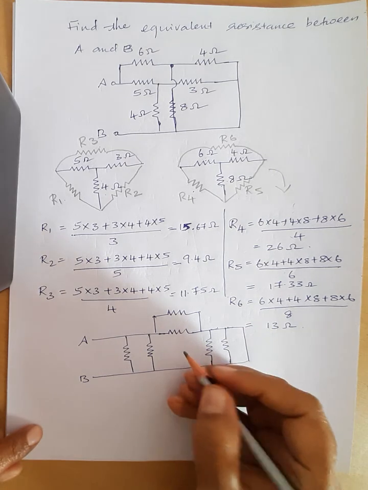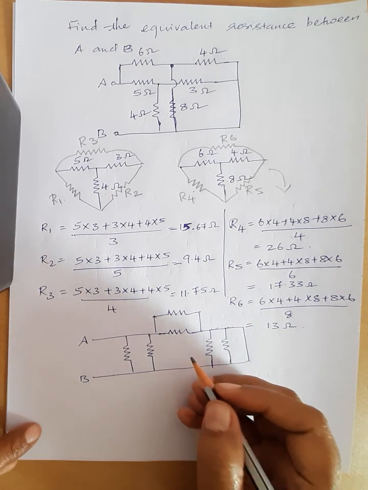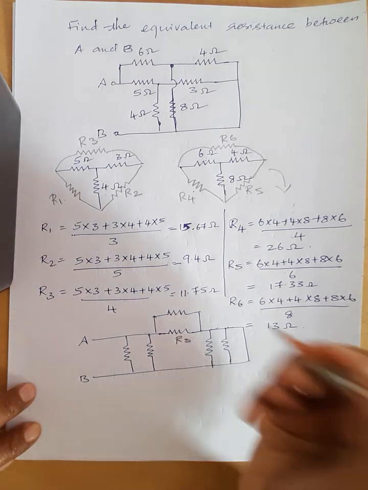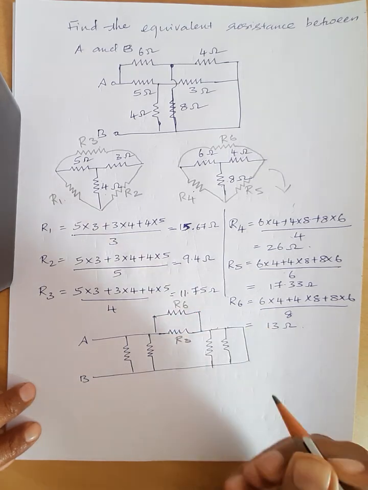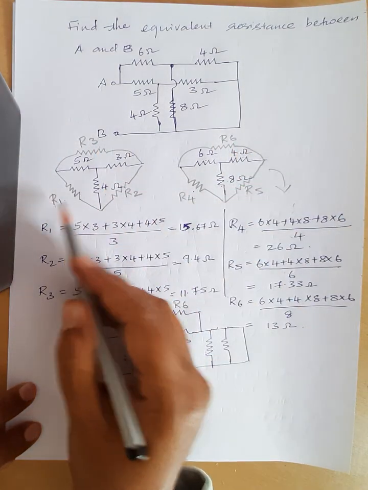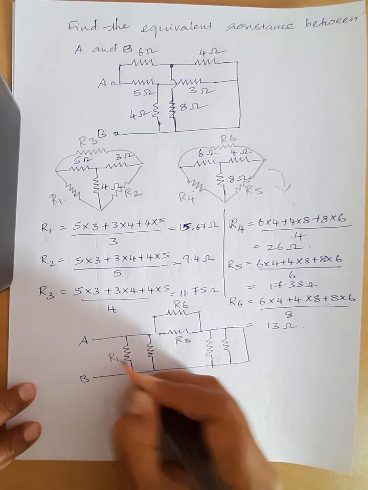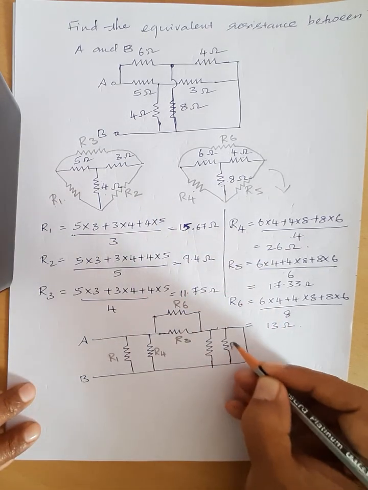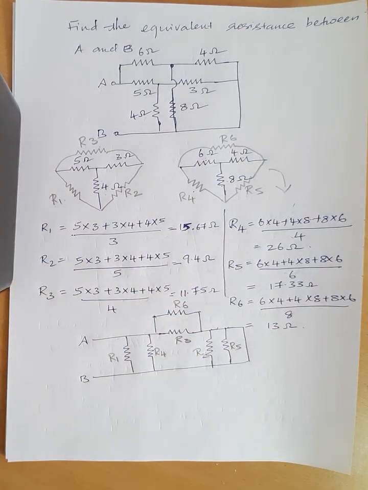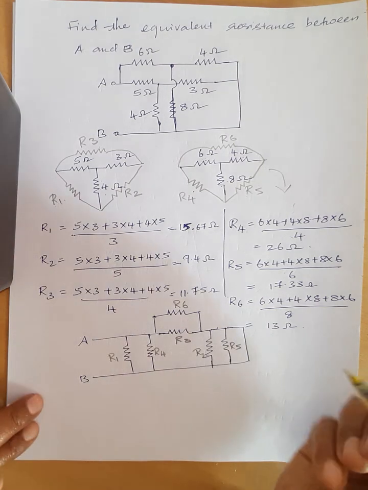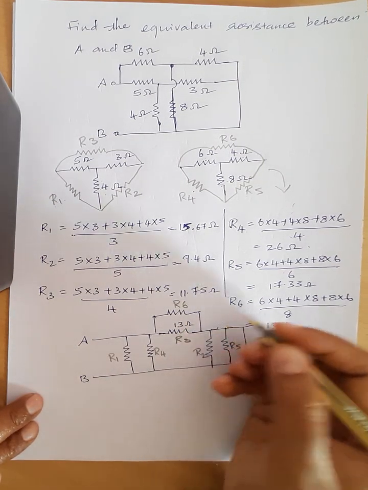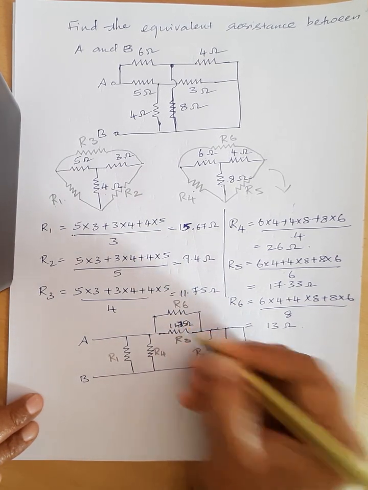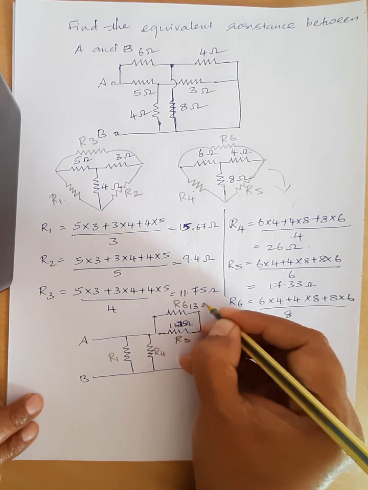If you get confused, you can write like this: R3, R6, R1, R4, R5, R2. Write the values. R3 is 11.75 ohms. R6 is 13 ohm.